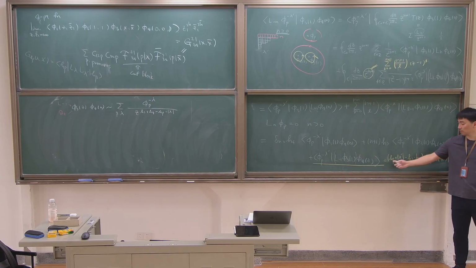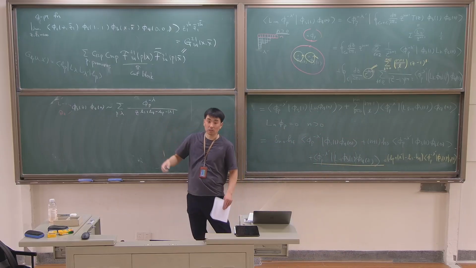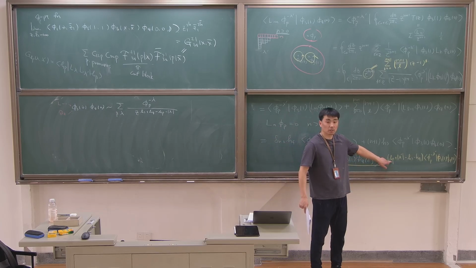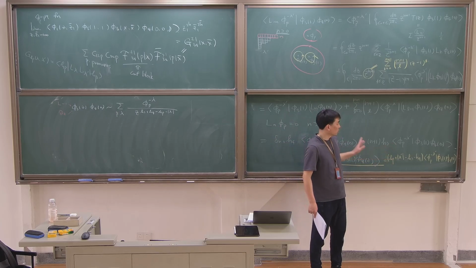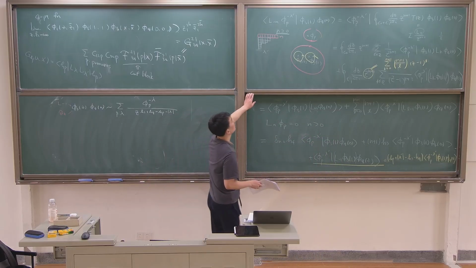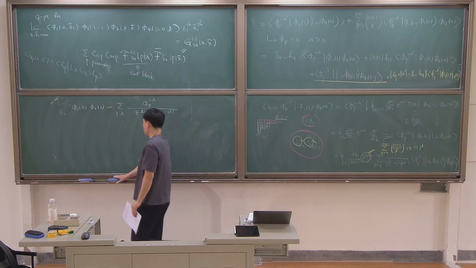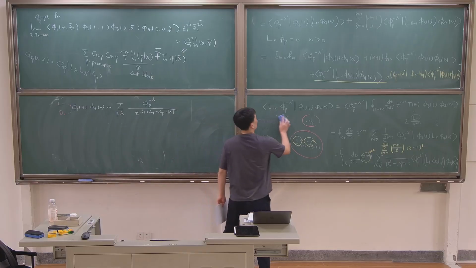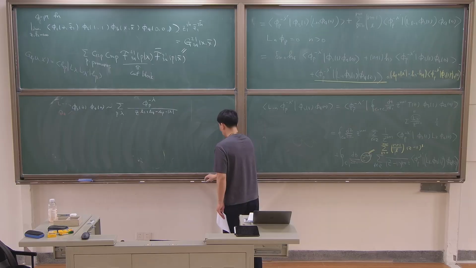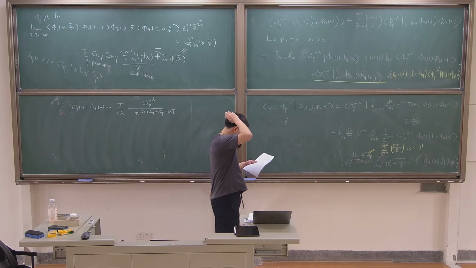You just have some derivative of this term on Z, and take the Z equal to 1 limit, and you get this one. So just to summarize, at the end of the day, what you get is this one.